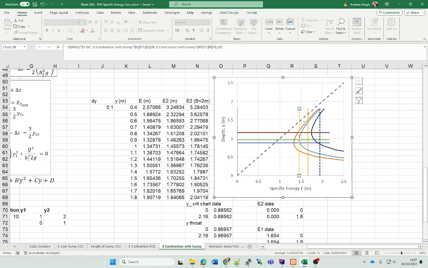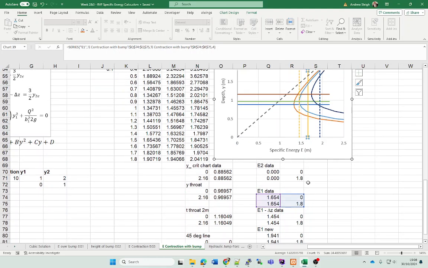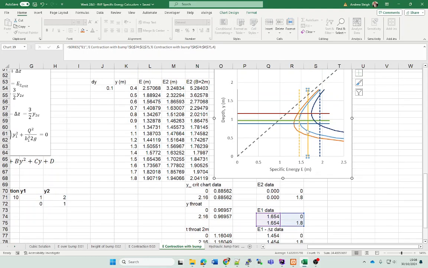And this line corresponds to the line of same energy as this dashed yellow line, same energy as this solid yellow line. How can that be? Because these are energy differences. The difference in horizontal distance here is the delta Z, the 0.2. Okay, 0.2. So we see the numbers here, 1.654 to 1.454. So those are the relative things: the orange and the blue lines, how they relate to each other.